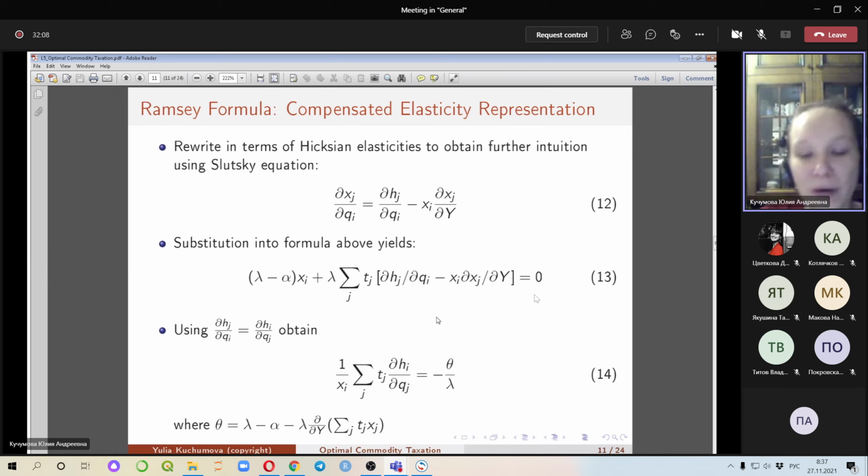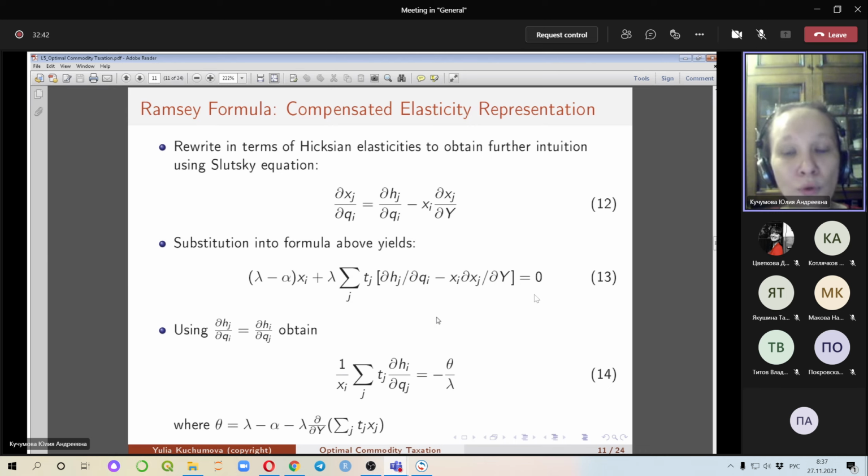One remark: in the previous lecture, Hicksian demand was denoted by x with superscript c. Remember the superscript c. This is exactly the same Hicksian demand, but in this lecture denoted by h. You could wonder why not use the same notation.